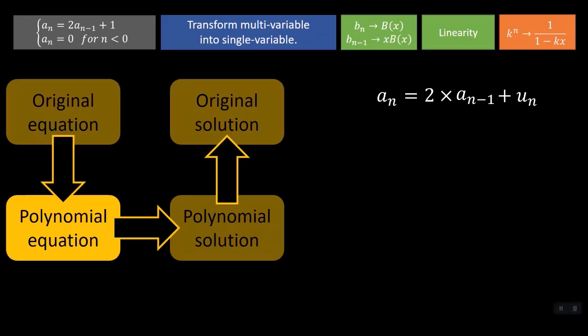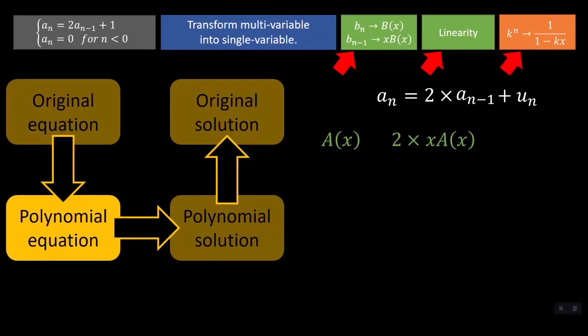Let's call the polynomial for a of n as a of x. Based on this box, we know that the polynomial for a of n minus 1 is equal to x a of x. Based on linearity, we know that the polynomial for 2 times a of n minus 1 equals 2 times x a of x.